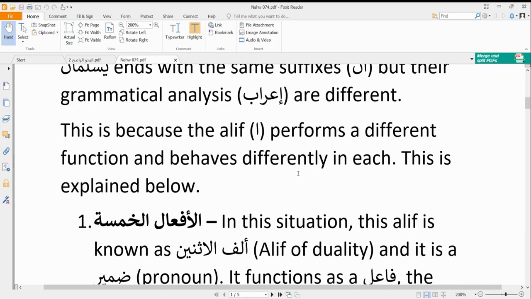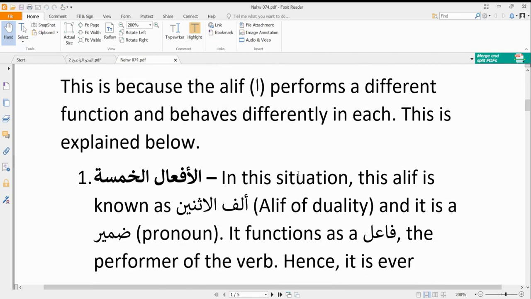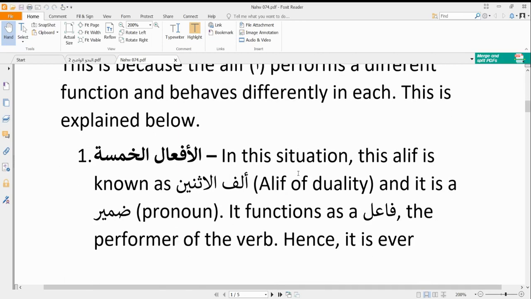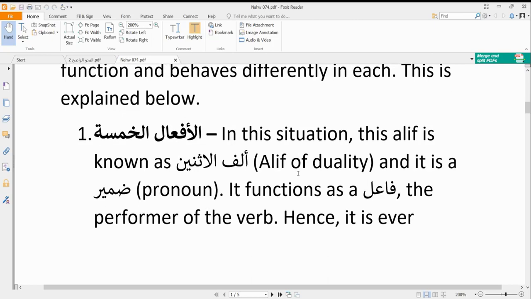This is why. If we look at the af'alul khamsa, what is the function of that alif? In yuslimani, that alif after the mim is called an aliful ithnain. Aliful ithnain is a domir. It is the fa'il of that verb yuslimani.